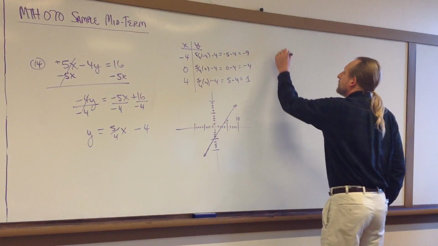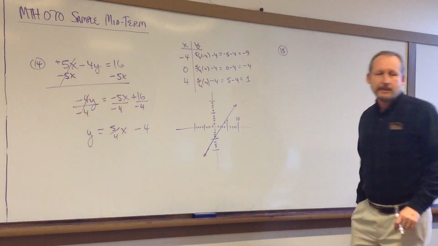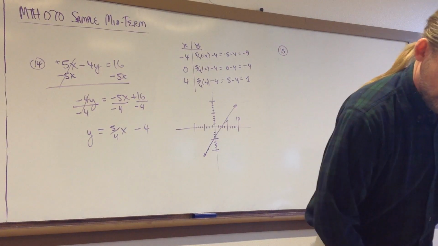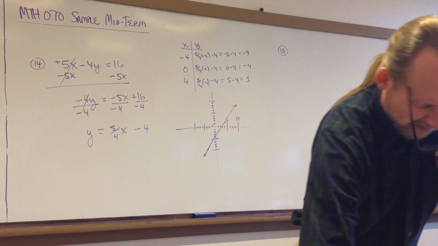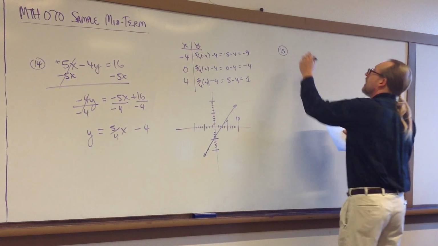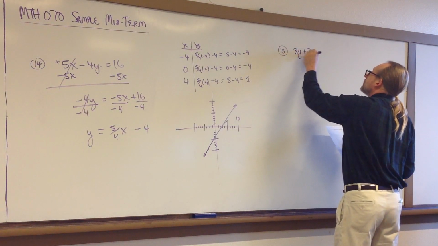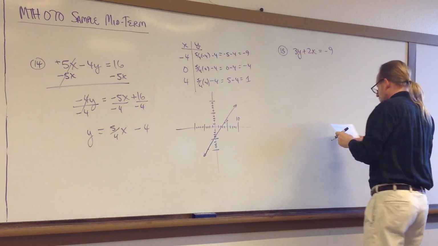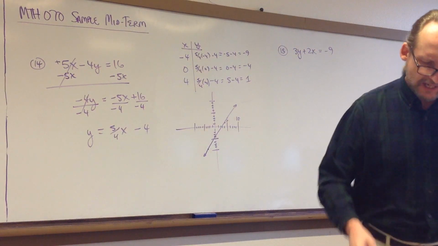So that's problem 14, and we've got one more of these, and then one problem after that. So in this one, 3y plus 2x equals negative 9. All right, with the same instructions.